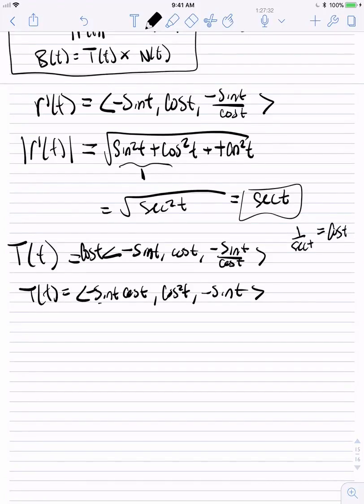So from here, our first component, we have a negative sine t cosine t. We know from the double angle theorem that sine of 2t would be equal to 2 sine t cosine t. So if we divide by 2, we get sine 2t over 2 would be sine t cosine t, but it's negative, so we could just multiply by negative 1 on both sides.